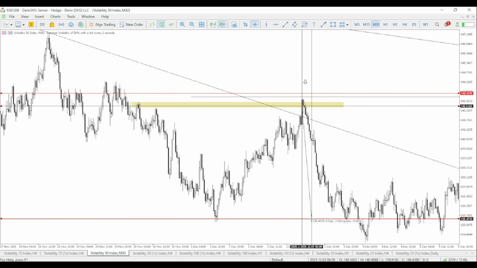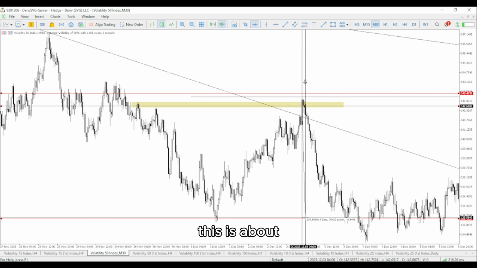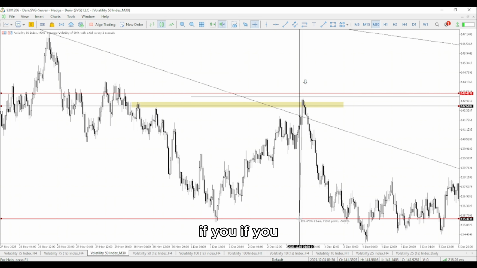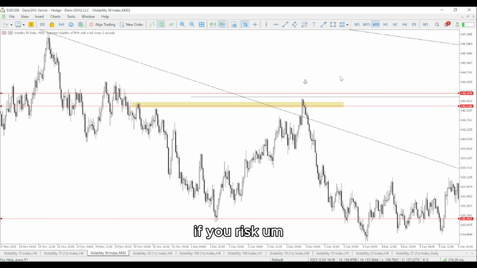I think this is about 1 to 5. About 1 to 5 RR you get from this trade, which means if you risk $10, you'll be making $50. If you risk $100, you'll be making $500. That is the risk to reward you get from this trade.